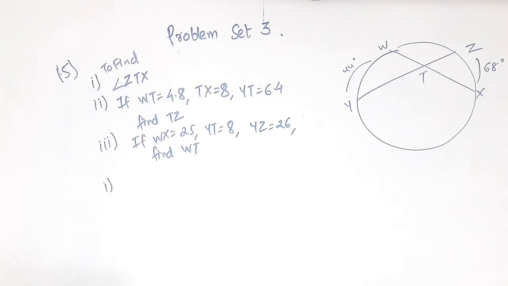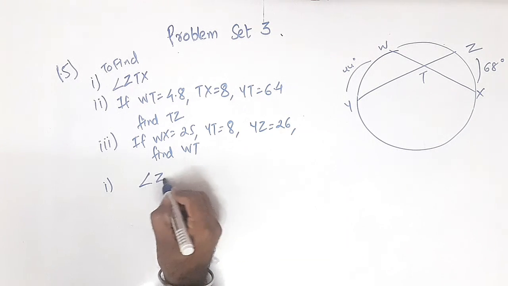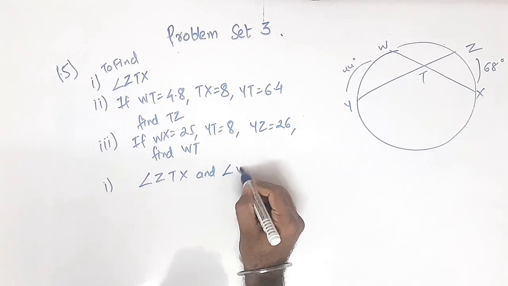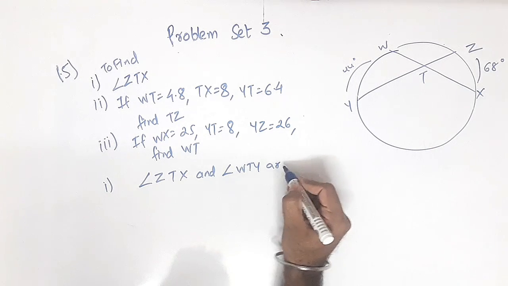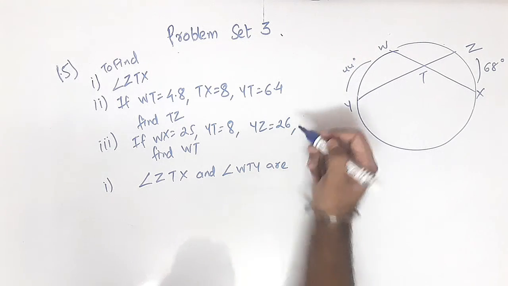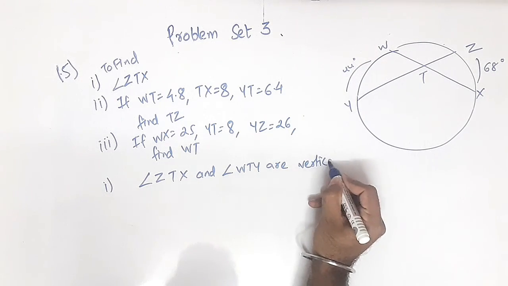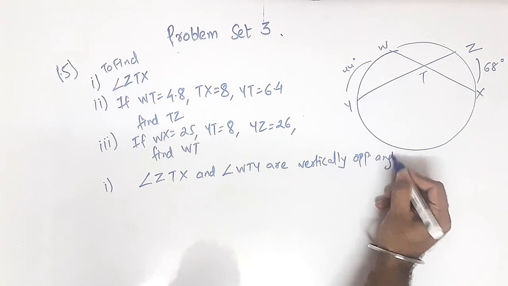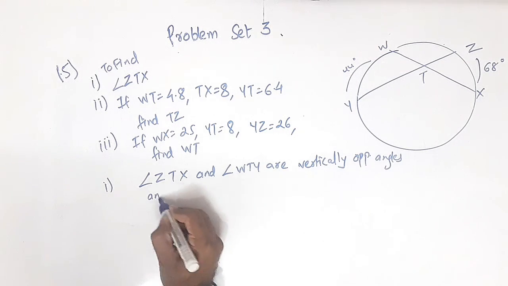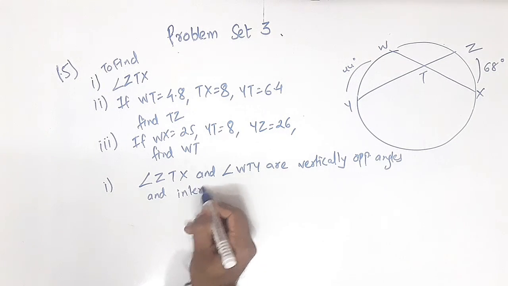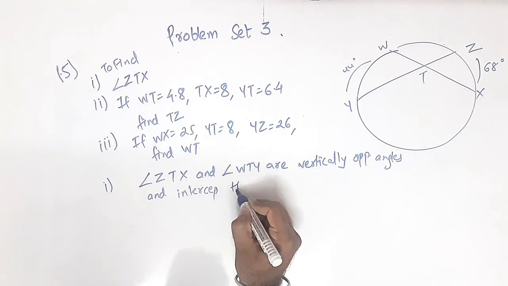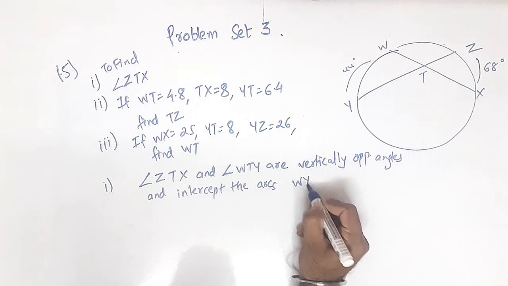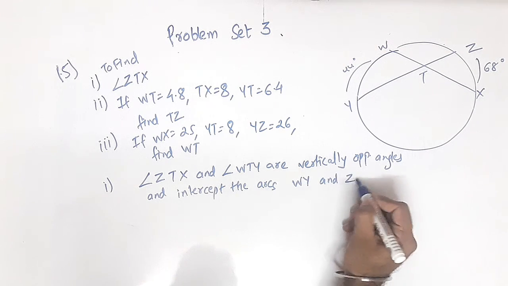So we'll write: angle ZTX and angle WTY are vertically opposite angles and intercept the arcs WY and ZX.